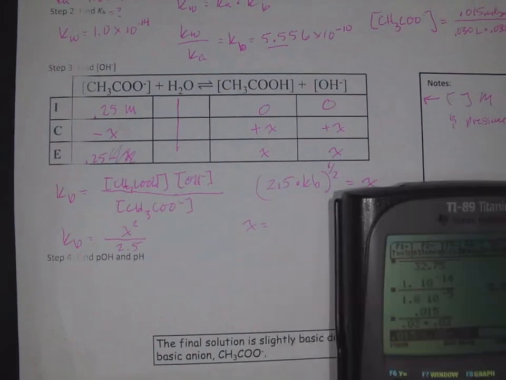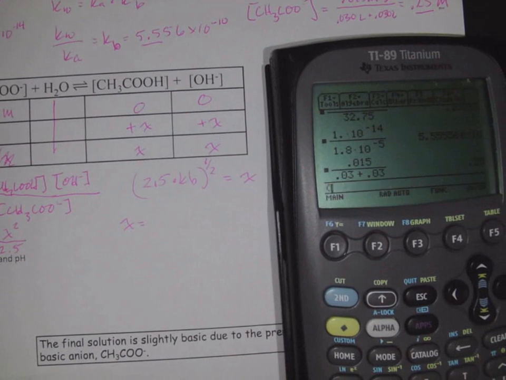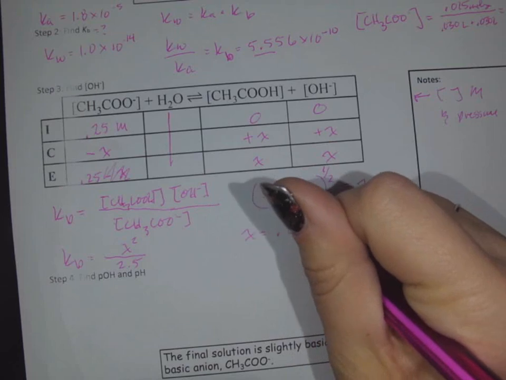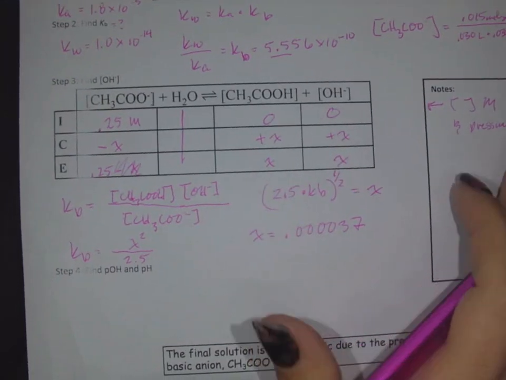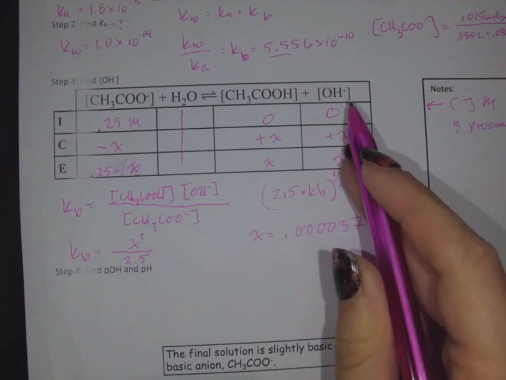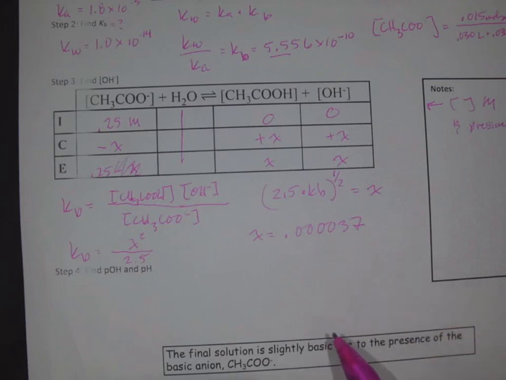All right, so 0.25 times Kb raised to the 1/2. x is equal to 0.000037. This is not my moles of hydroxide, it is my concentration, molarity, moles per liter.